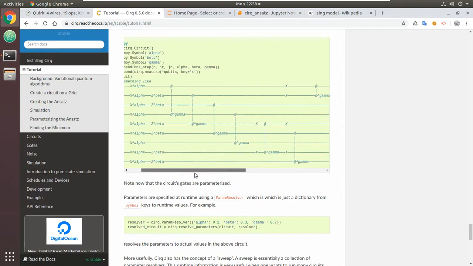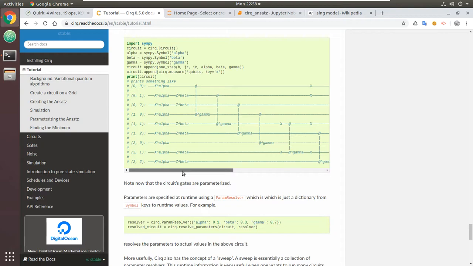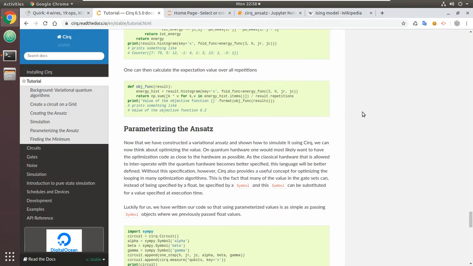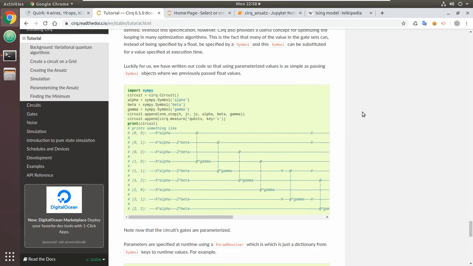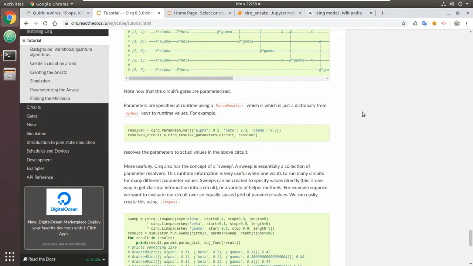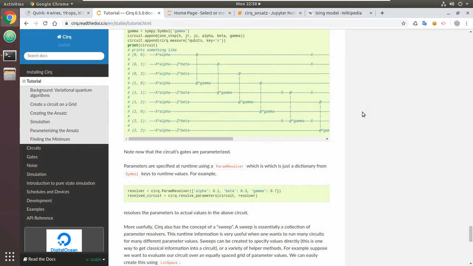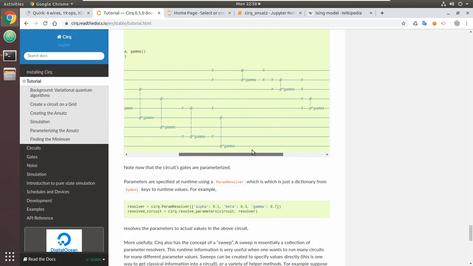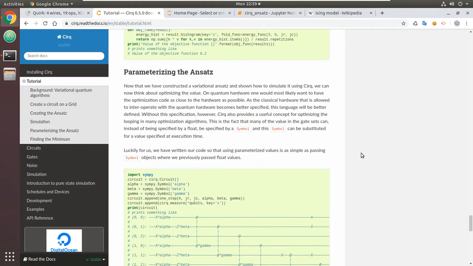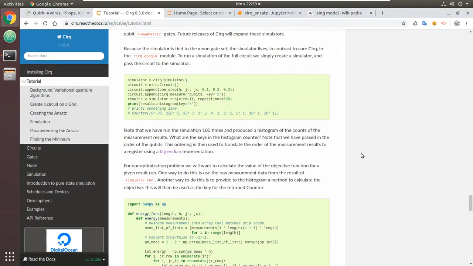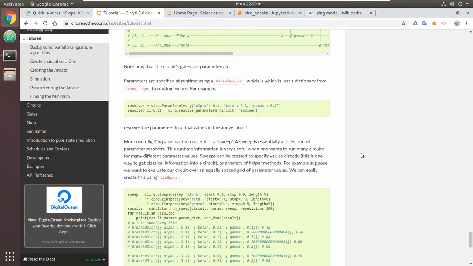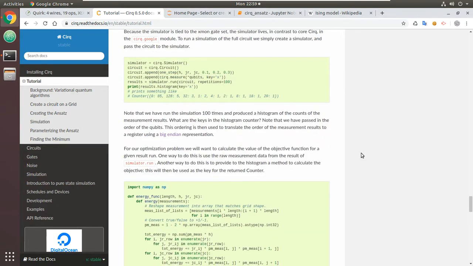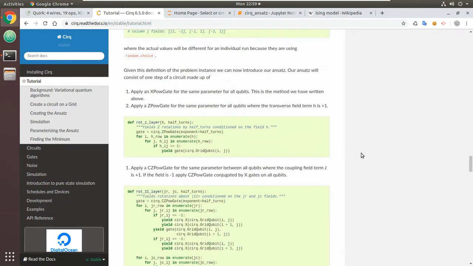I'm assuming the X pow is an X gate rotation, right? And the Z pow is a Z rotation. And then the other thing is a control Z. Where is this defined? Here, here, here. Control Z pow gate.